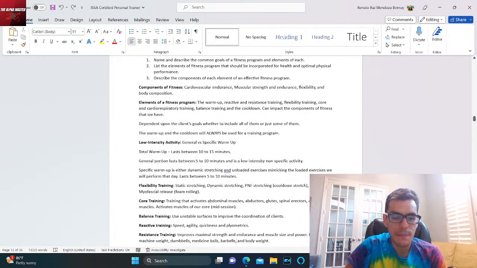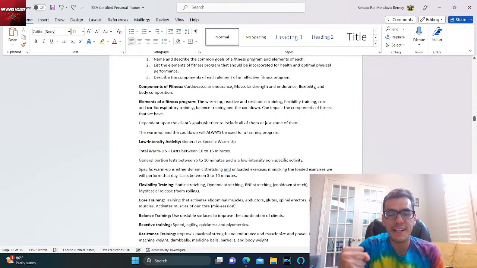Resistance training is used to improve maximal strength, endurance, muscle size, and power.